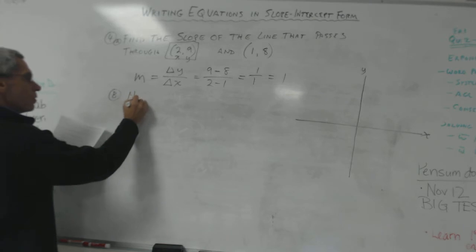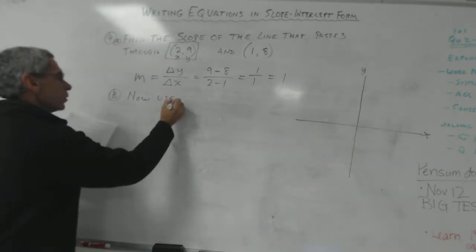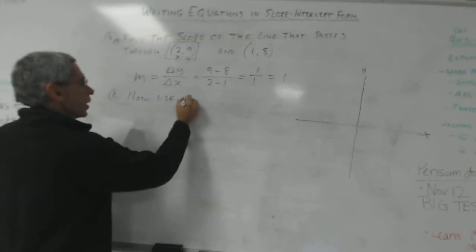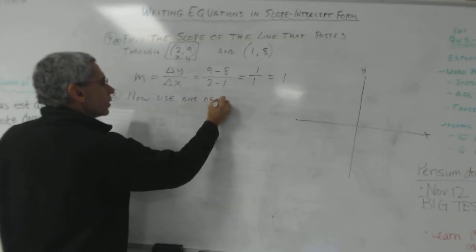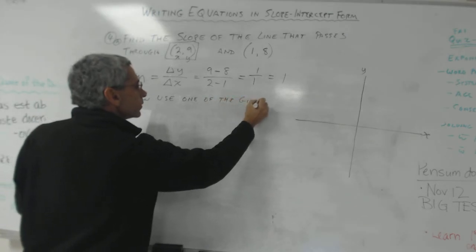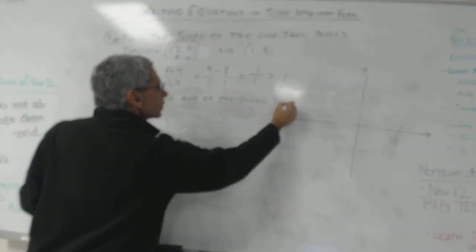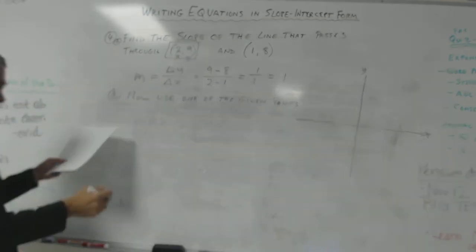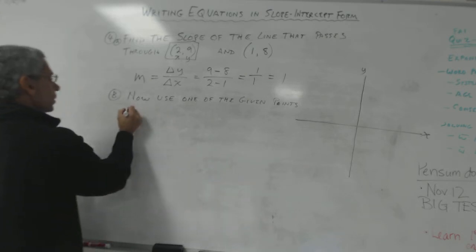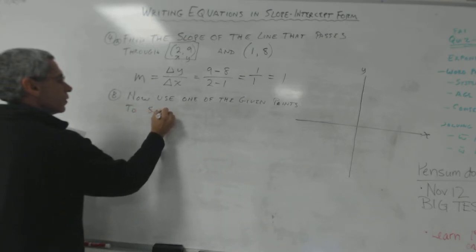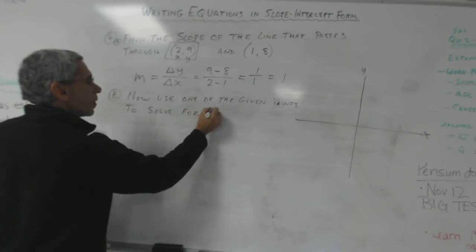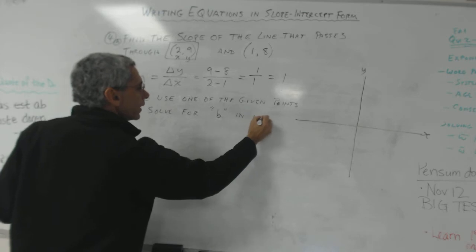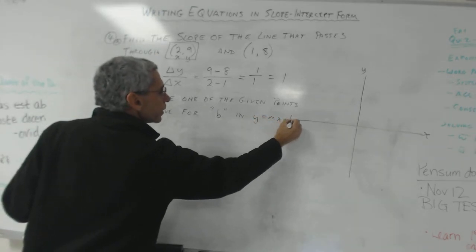So now it says, use one of the given points to solve for b in y equals mx plus b.